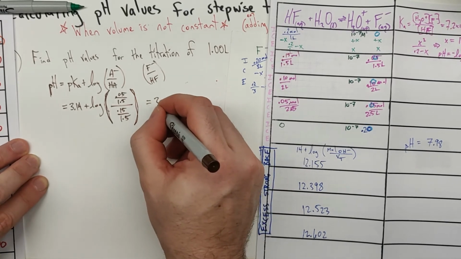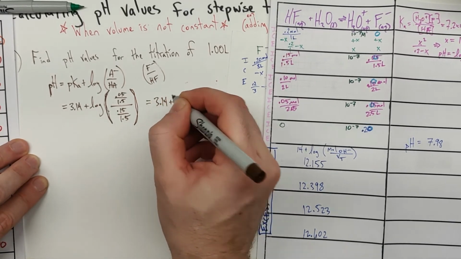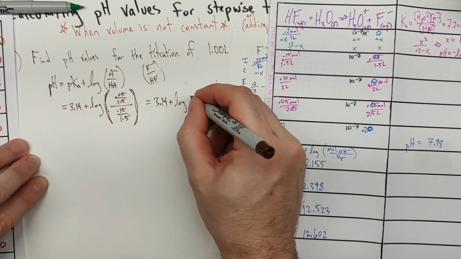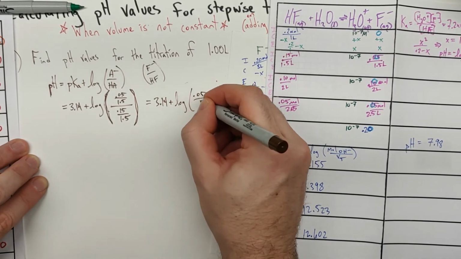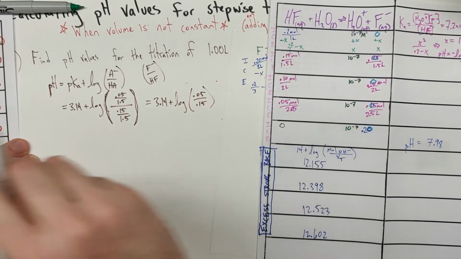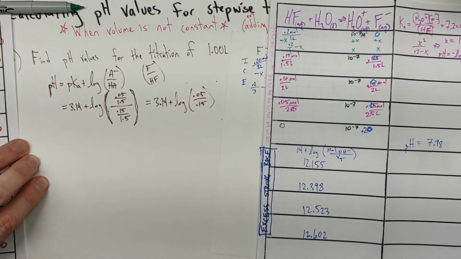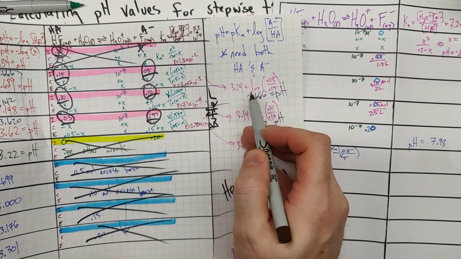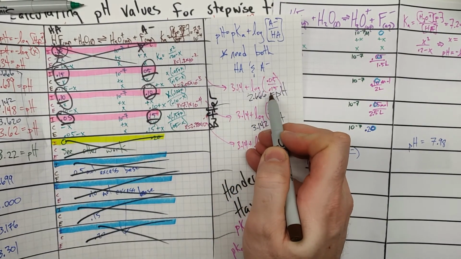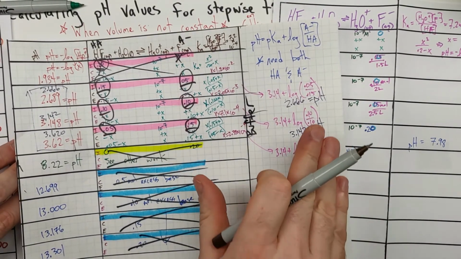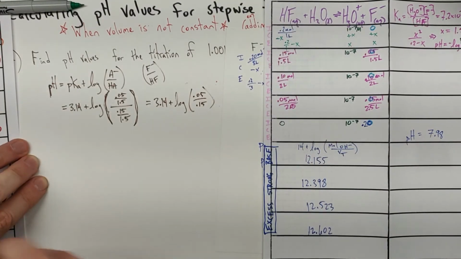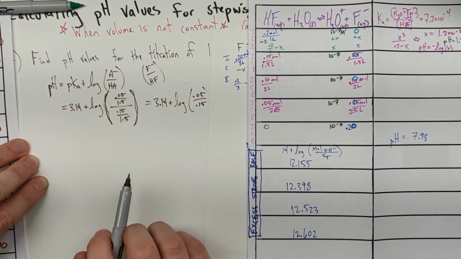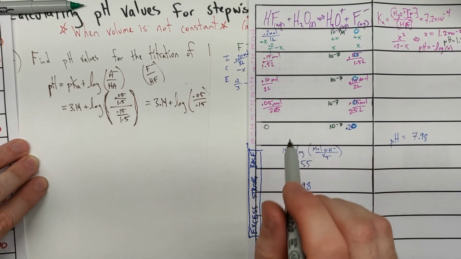So this is the same thing as saying 3.14 plus the log of 0.05 over 0.15. And if we look back at the work we had done previously, when we did Henderson-Hasselbalch, it was 3.14 plus the log of 0.05 over 0.15. In short, same numbers. All right. So Henderson-Hasselbalch takes out this gratuitous step of having to factor the volumes back in, and that's nice.